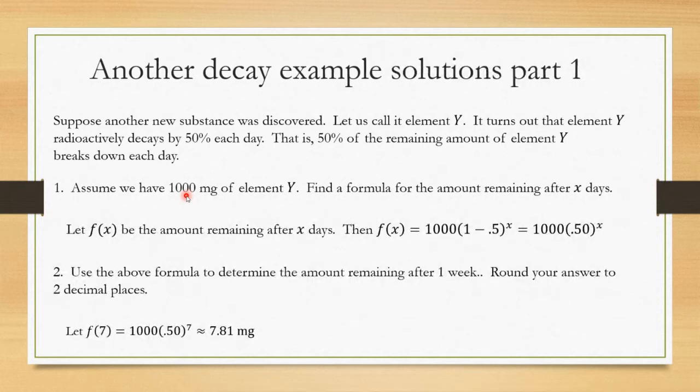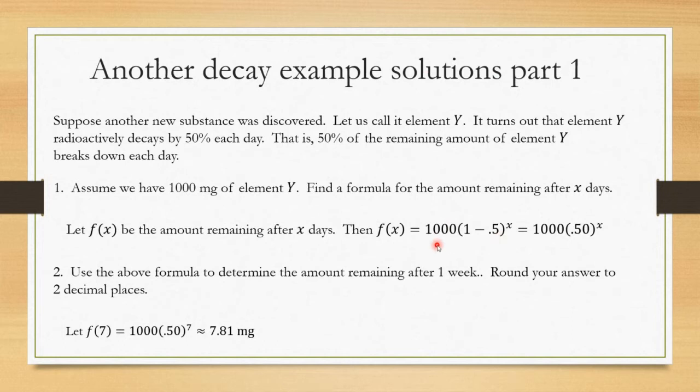We can get a formula for it. It's very similar to the previous question, right? The initial amount goes in front. Since 50% is how much it's breaking down by, that is our decay rate as a percent. So as a decimal, we get 0.5. So R is 0.5.